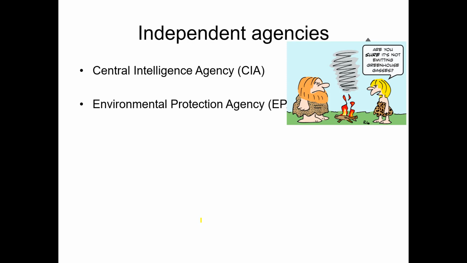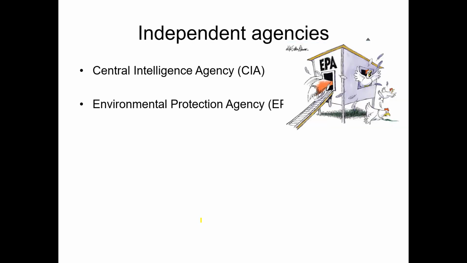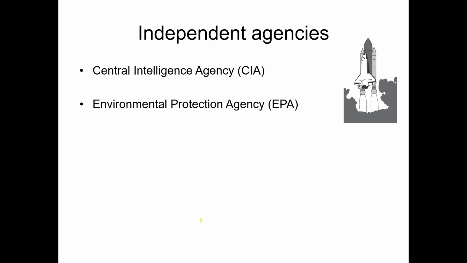Obviously, it can go from administration to administration; if somebody is elected that's not necessarily pro-environment, they could appoint officials that might steer the EPA in a certain direction. We might have seen a little bit of that, particularly with the Trump administration. But generally, they are tasked to focus on where the problems are with respect to our environment.